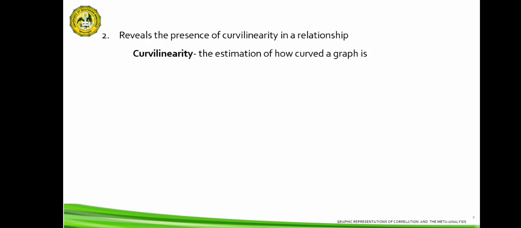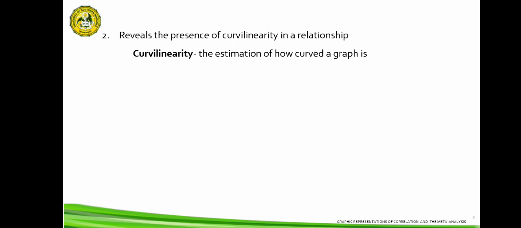Another use of the scatter plot is that it reveals the presence of curvilinearity in a relationship. What is this curvilinearity? Curvilinearity is the estimation of how curved a graph is. There are data points that show straight lines, and there are also data points that show curves.